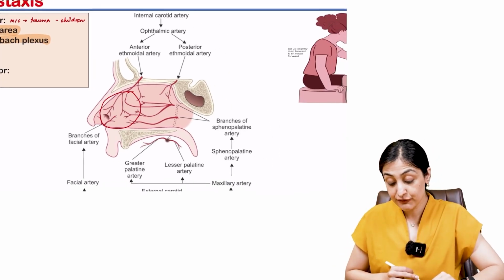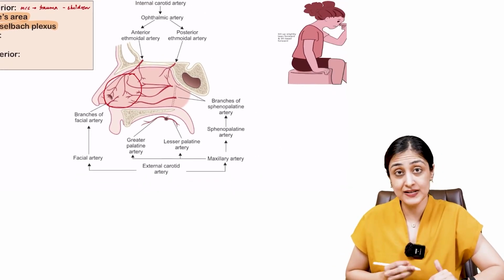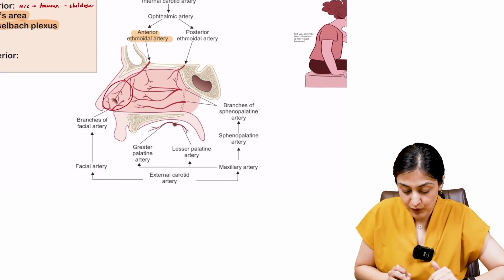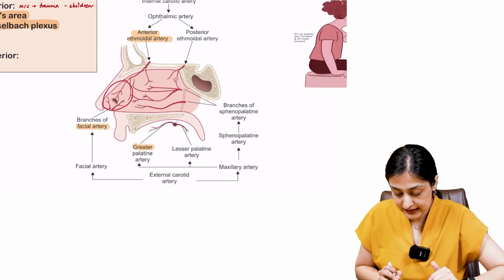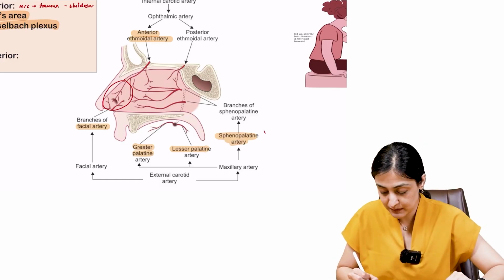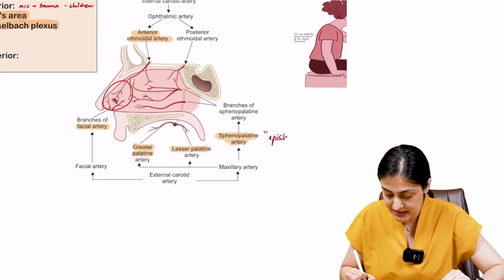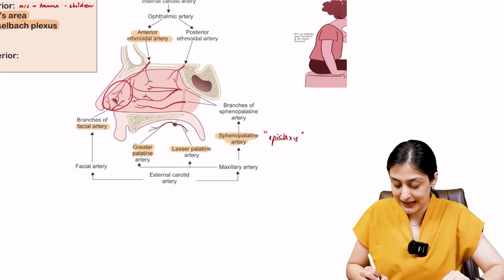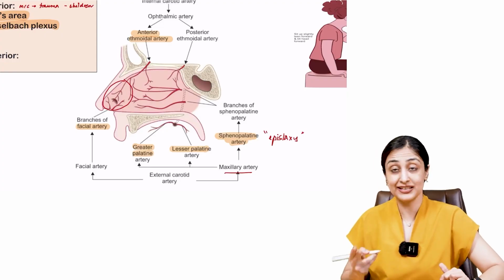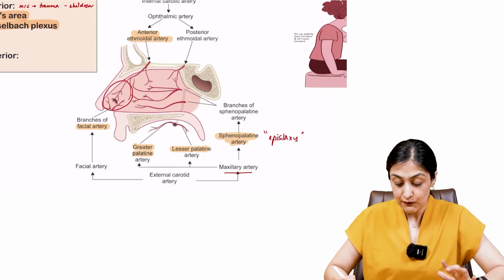So this is essentially the Little's area. Okay, so what forms the Little's area is the question that they ask. So we have anterior ethmoid, facial, greater palatine, lesser palatine, and the main artery. If somebody asks you what is the artery of epistaxis, this is sphenopalatine, the branch from the third part of the maxillary artery, right? All of these palatine are third part. So this is what we need to know.